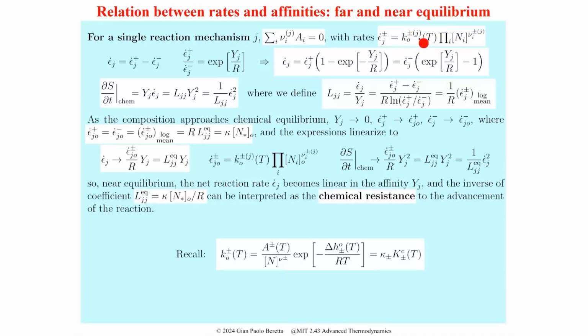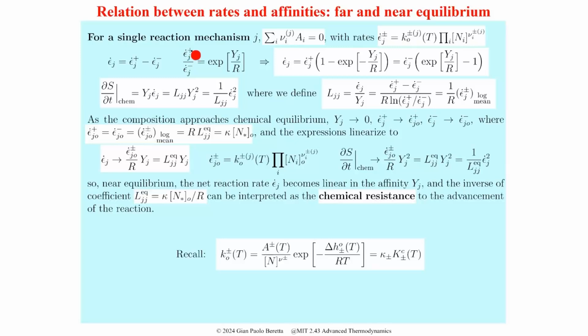These are the reaction constants, and for the reaction constants we have developed two equivalent ways of writing them. One in terms of the Arrhenius activation energy, the other in terms of these equilibrium constants of the forward and backward half reactions. Okay, and of course the net reaction rate is the difference between the forward and the backward.